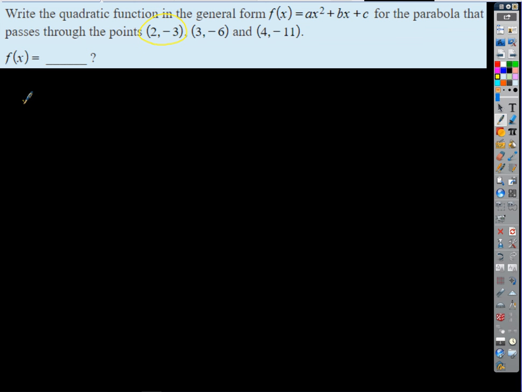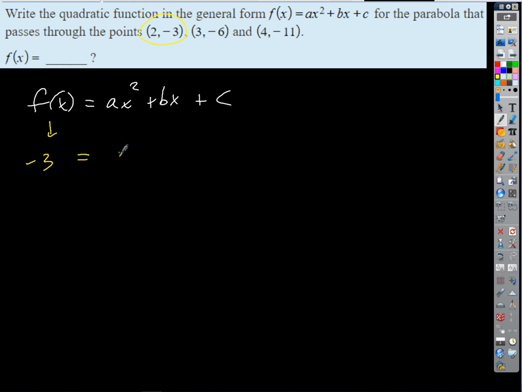So we're starting with, let me write the function down so we can line them up vertically. So f of x equals ax squared plus bx plus c. Okay? So what do we get if I use that point as a solution? -3 is my y value, right?